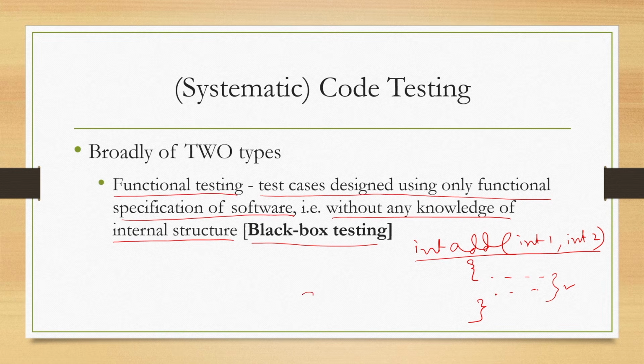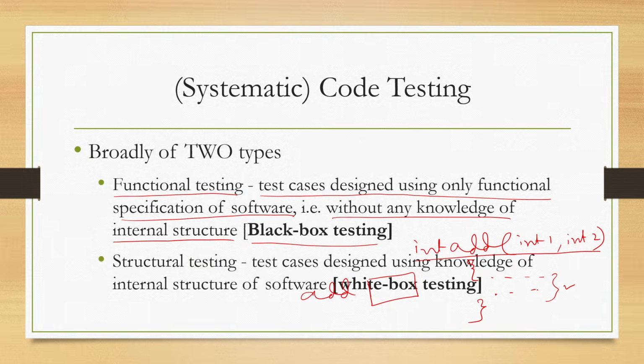So, we simply assume the add function to be a black box, and what is there inside the box, that means the body of the function, is of no concern to us. In that way, we understand the function, and with that understanding we create the test cases to test the function, that is black box testing, which is a type of functional testing.